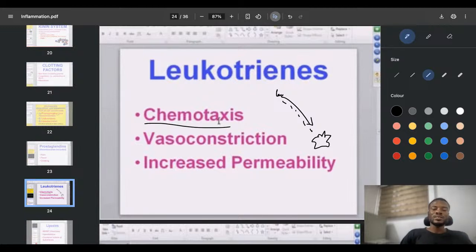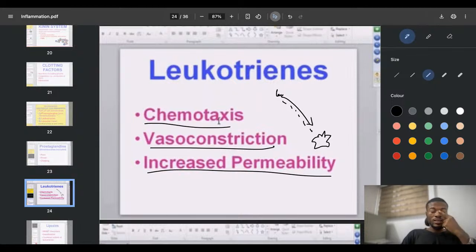Aside from chemotaxis, they also cause vasoconstriction and increased permeability. We learned that when there is an injury, the first response of the vascular system, which is very short-lived and transient, is a quick vasoconstriction before we get to the vasodilation. You remember. And of course, the vasodilation will cause the increased permeability.